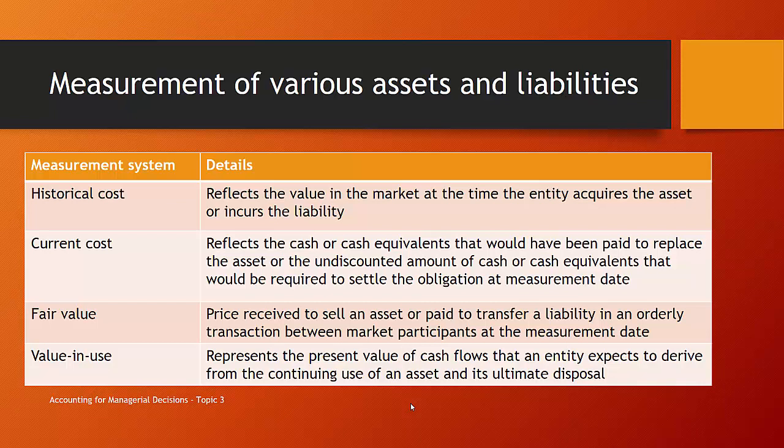So the fair value is the price received to sell an asset or to transfer a liability in an orderly transaction between market participants at the measurement date. This has from time to time some super interesting implications because the rules require that this price be one which is in a market where there's an orderly transaction.